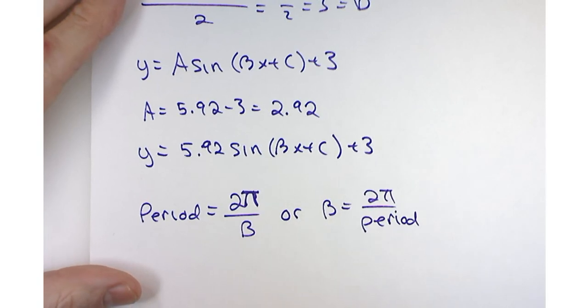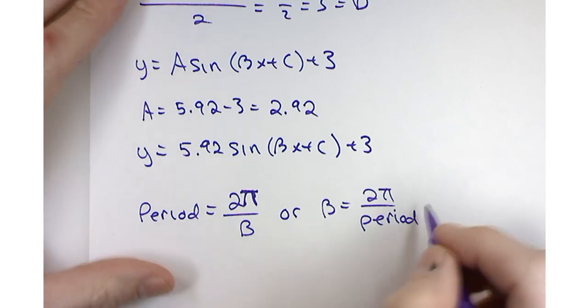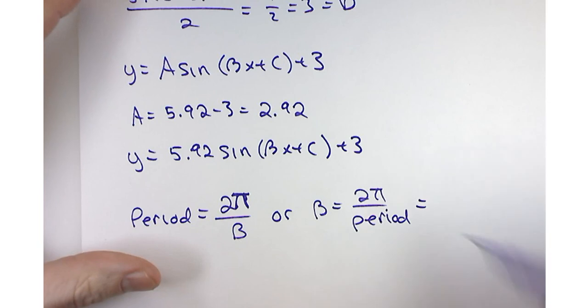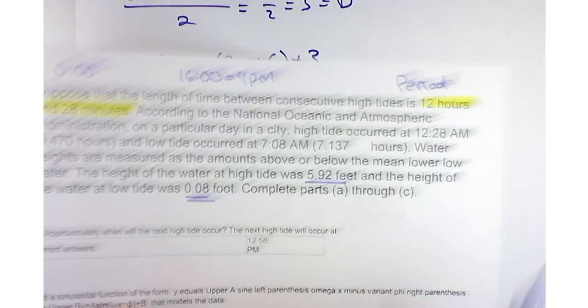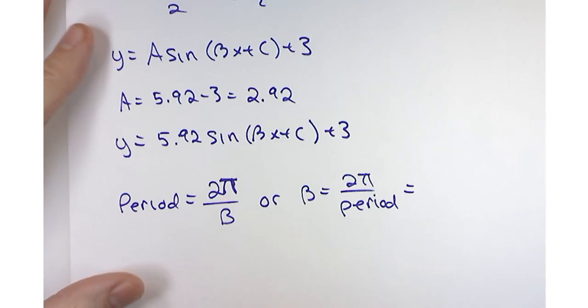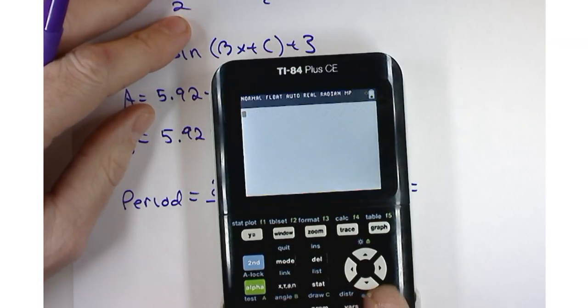And the good news here is that we know what the period is. That period was 12 hours and 28 minutes. So let's turn that into a decimal.